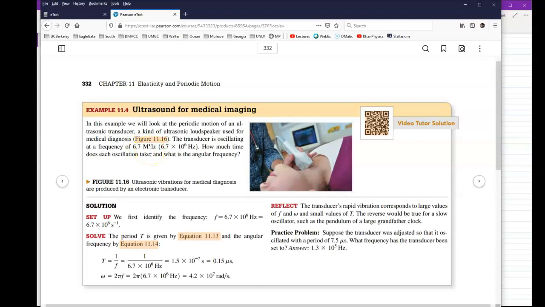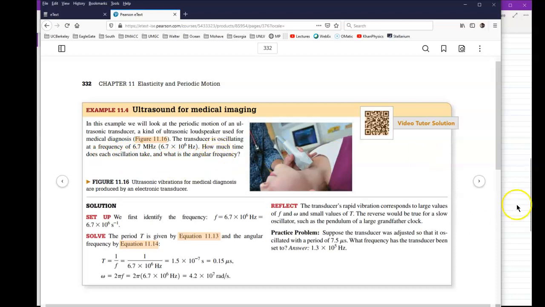So what does that mean? 6.7 mega is a million, so this device is oscillating, making 6.7 million cycles per second. That's the meaning of it. It's really, really fast, right? Now he's asking how much time does each cycle take and what is the angular frequency?